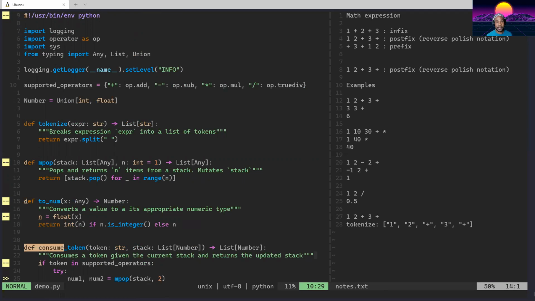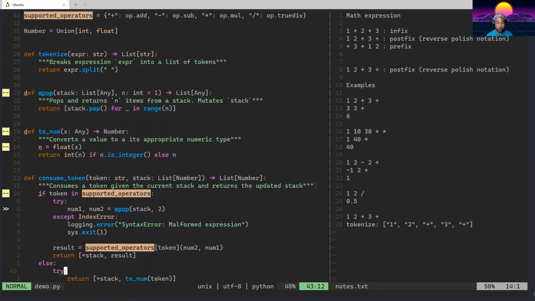And Python has this convenient module called the operator module that has function equivalents for a lot of the built-in operators. So we have our addition, subtraction, multiplication, and division represented as true div.